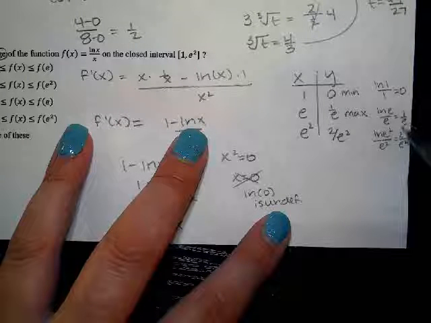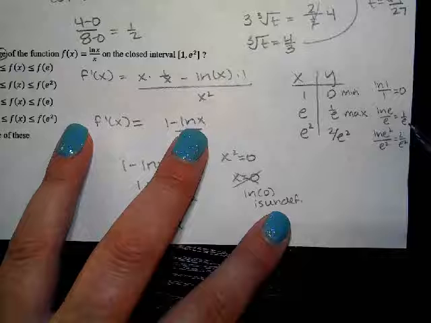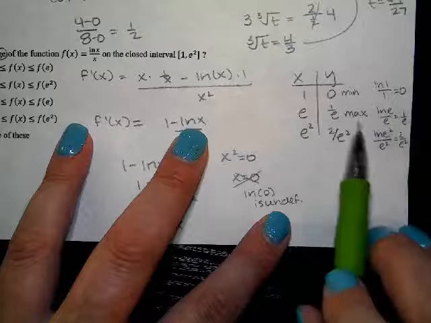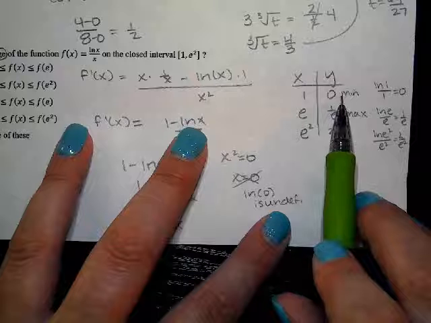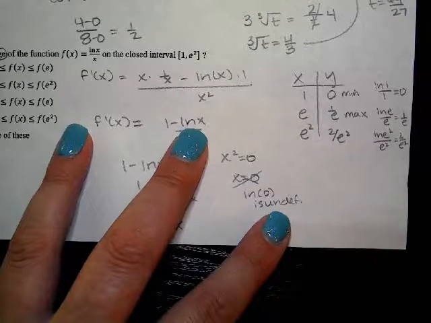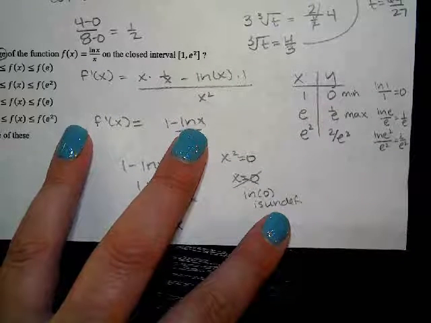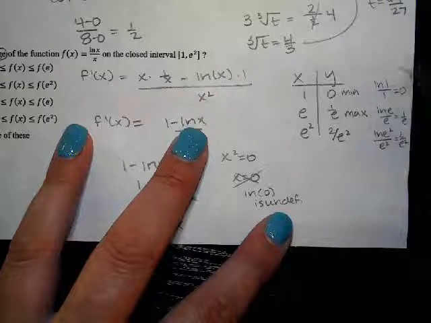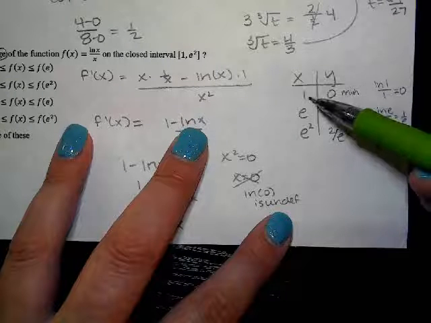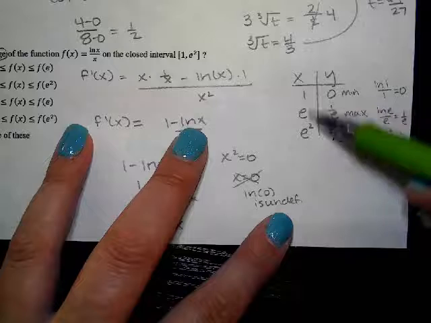And so that means that 1/3 is my max, and 0 is my min. Does that make sense? So without a calculator, I figured out what my numbers were. So I knew that my range was, my lower end was f of 1, my upper end was f of e. And so my answer was A.